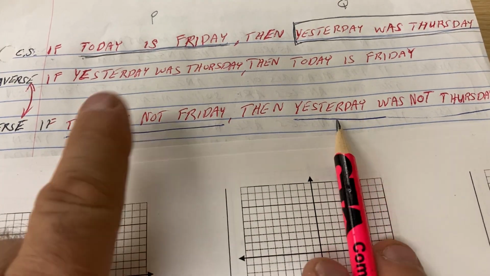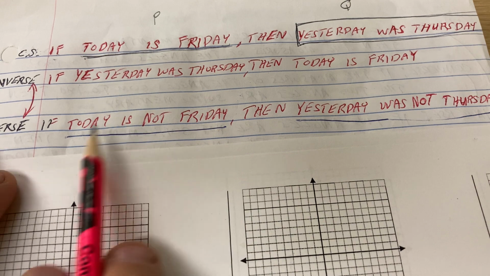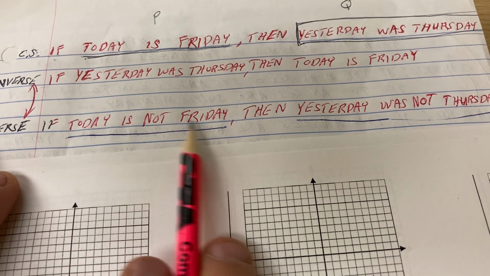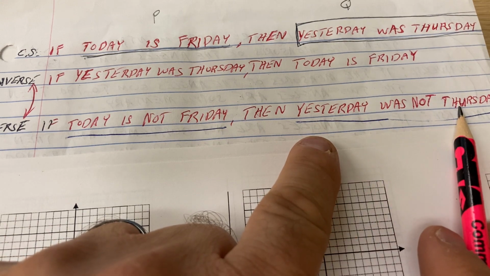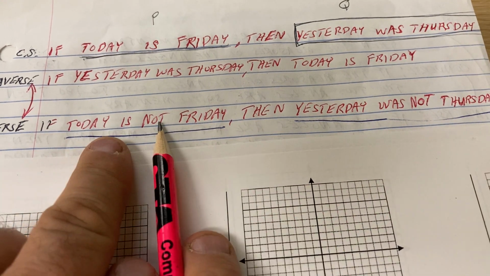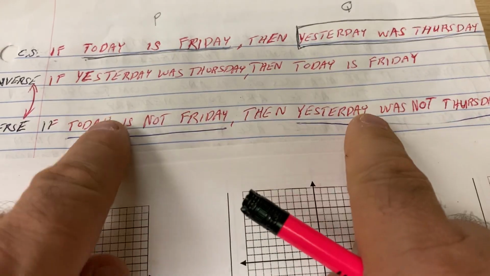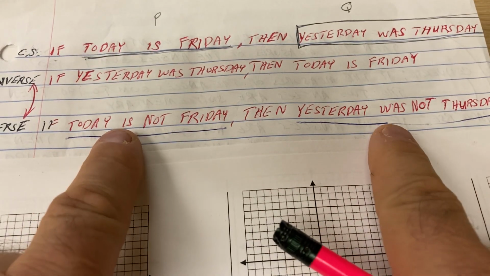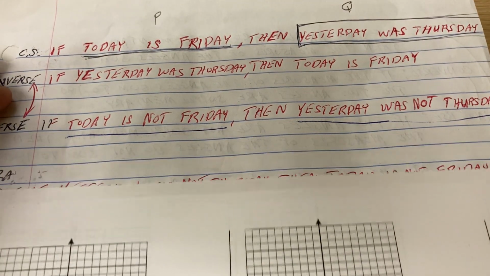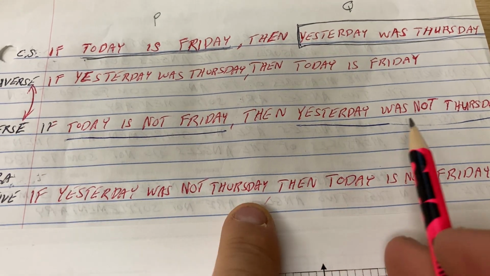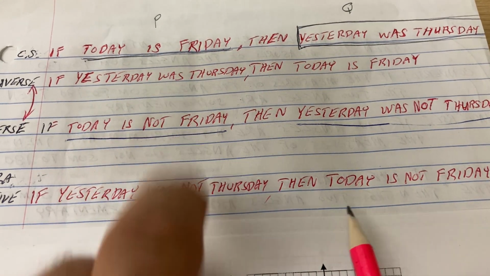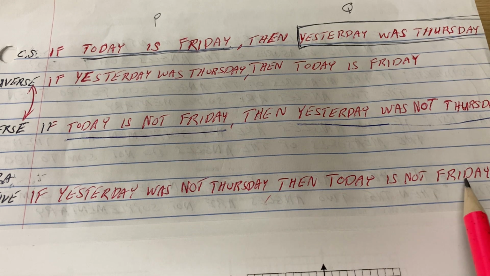Now we have to negate both of these. Today is not Friday, the opposite is today is Friday. Yesterday was not Thursday. Wait, we already got the inverse, we just have to switch the order, my fault. We just have to take this and switch the order. So we get, if yesterday was not Thursday, then today is not Friday.